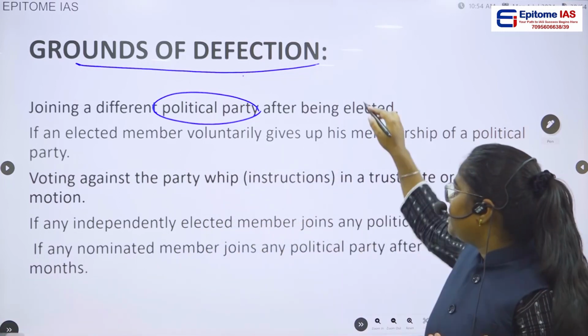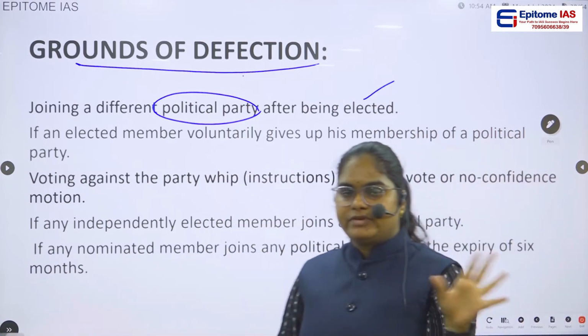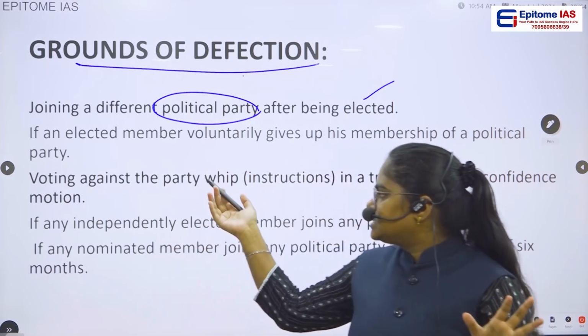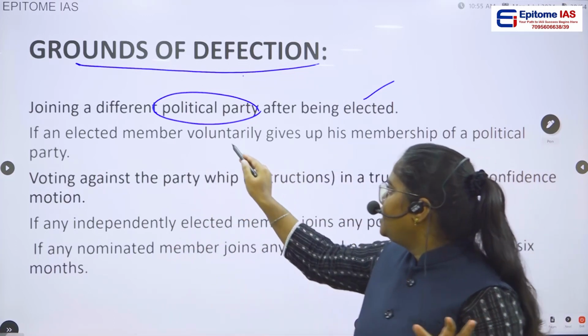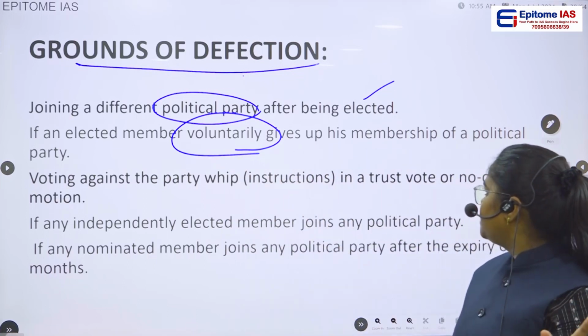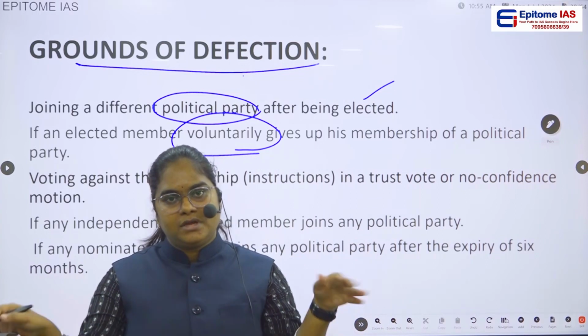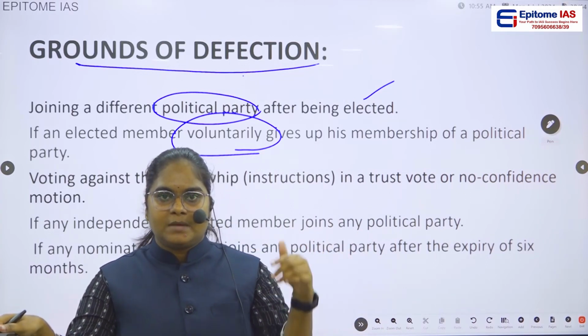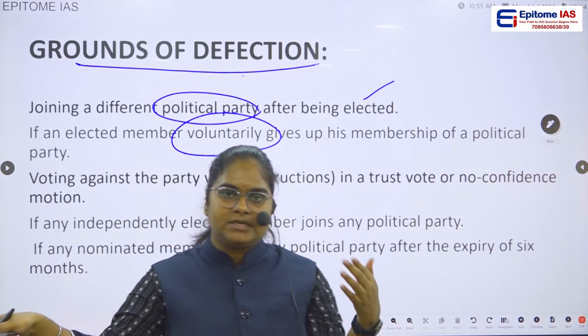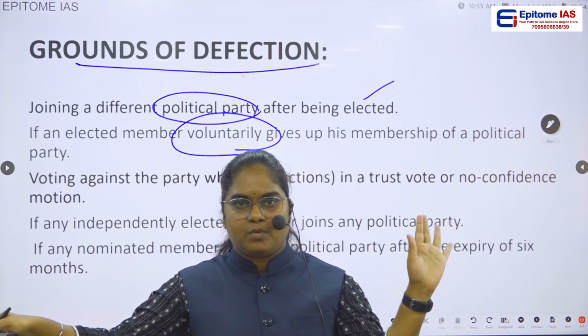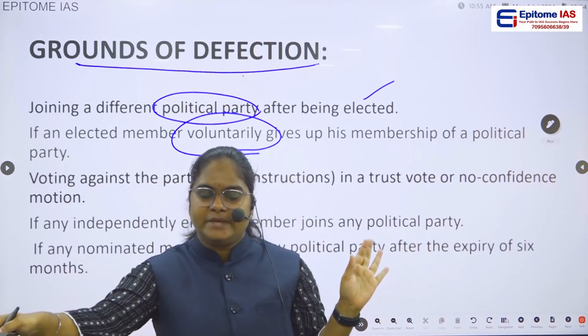He will be disqualified under the anti-defection law. The next case is if an elected member voluntarily gives up his membership of a political party. Let's say a member got elected from a political party, but after getting elected he gives up his membership voluntarily, then also he'll be disqualified.